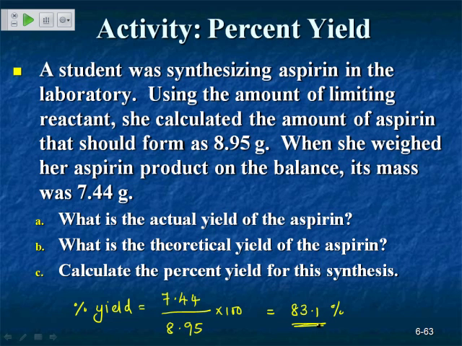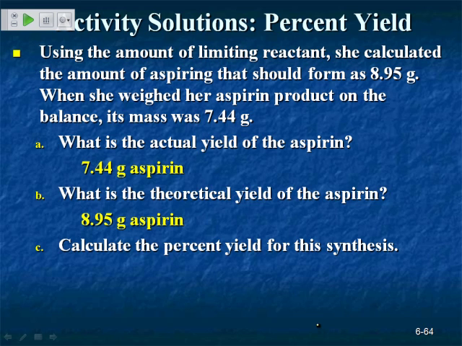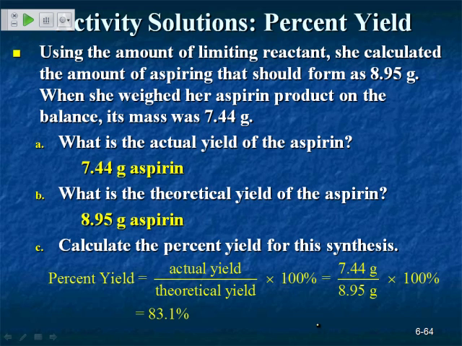That is good. She did good. Something that gives you 80 or above is considered good. So there is your answer slide with this problem.